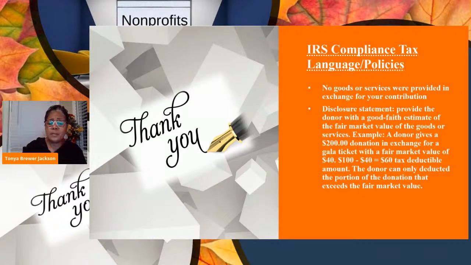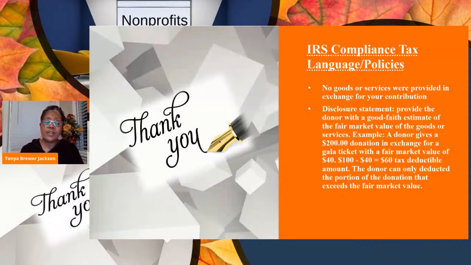So the receipt amount that I'm going to put in the letter is $60, the amount that's allowable by the IRS as tax deductible. It gets confusing, but once you know the formula, it's very important to do it, because in some cases that's a small amount, but in some cases you may have a sponsor that pays $5,000 for a sponsorship.